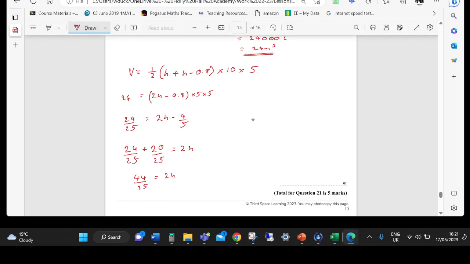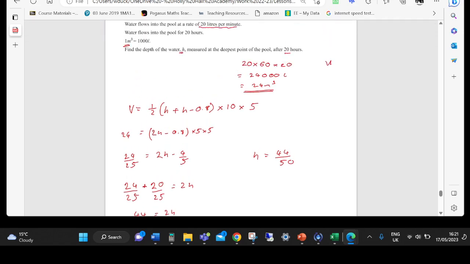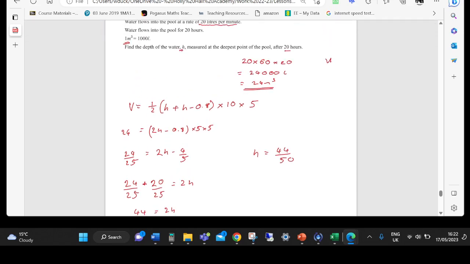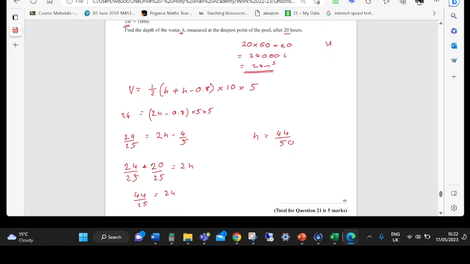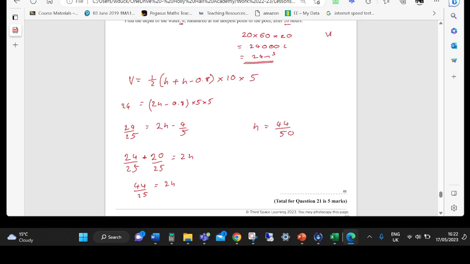Divide that by 2, so h is going to be equal to 44 over 50, which can be simplified to 22 over 25 meters.